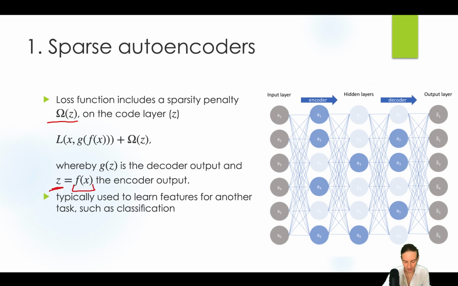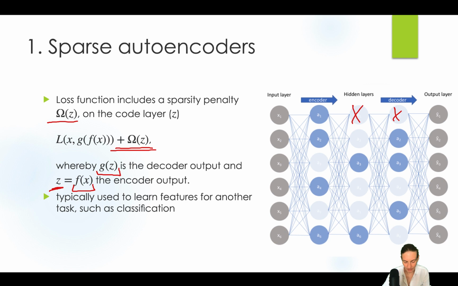So f(x) would be the encoder output, creating the latent representation, and then g(z) would be the decoder output, being the final reconstruction. So what do sparse autoencoders do? It adds this omega penalty function for sparsity in the code layer, so it enforces some nodes to fall away, basically.